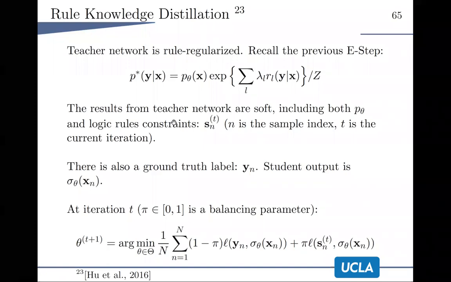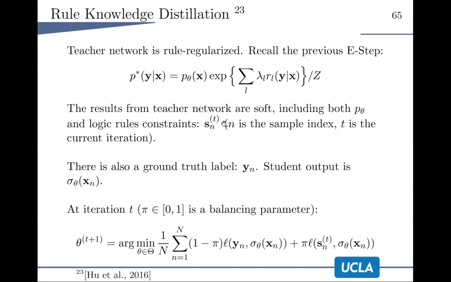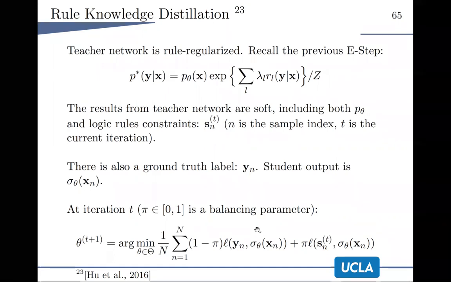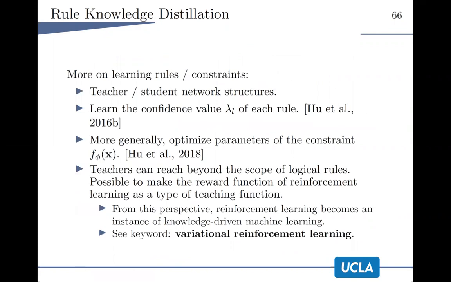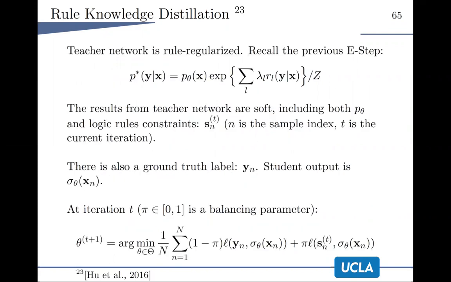The soft result from the teacher network is this S soft here, and the hard labels are here, the Y. The student learns from both the ground truths and the teacher's soft result with the rules considered. So this is the final loss. Can you give us an example of how we can define this R L y given x?